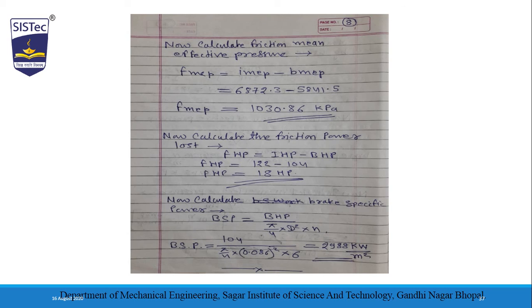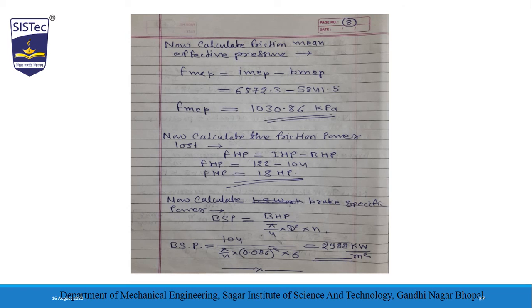Now calculating the frictional mean effective pressure. It is very common that FHP or frictional horsepower is equal to indicated horsepower minus brake horsepower. Similarly, the formula for calculating the frictional mean effective pressure is FMEP equal to IMEP minus BMEP.